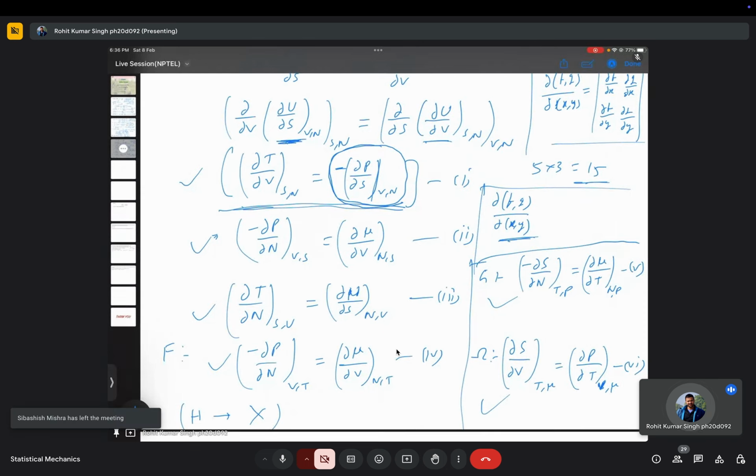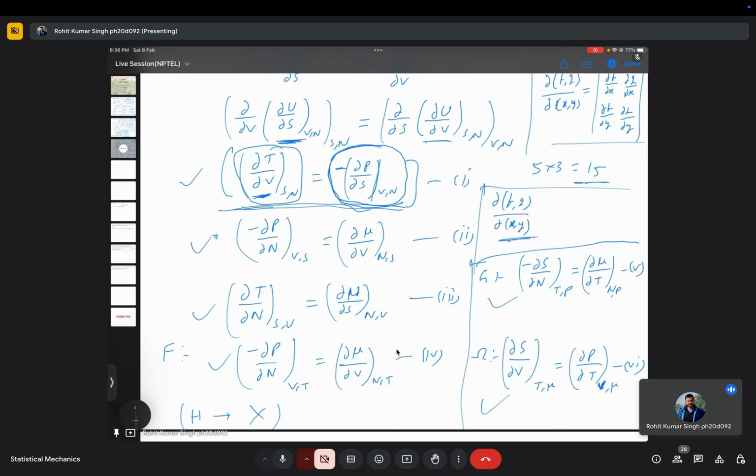But what you can do is change the volume of a system. So you can use a compressor to compress a gas, and then you can measure temperature. So you can calculate this thing, which will be equal to this thing. By measuring the rate of change of temperature with respect to volume, you can basically measure the rate of change of pressure with respect to entropy.